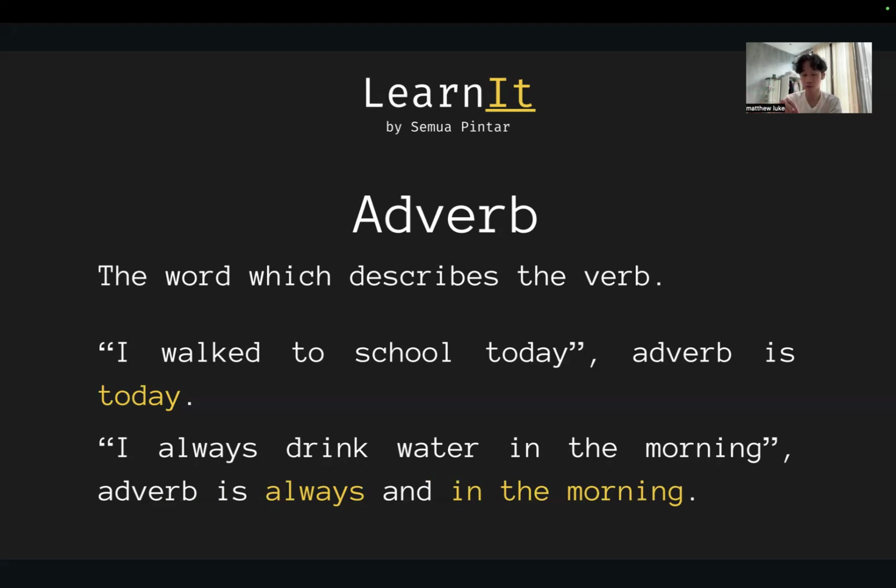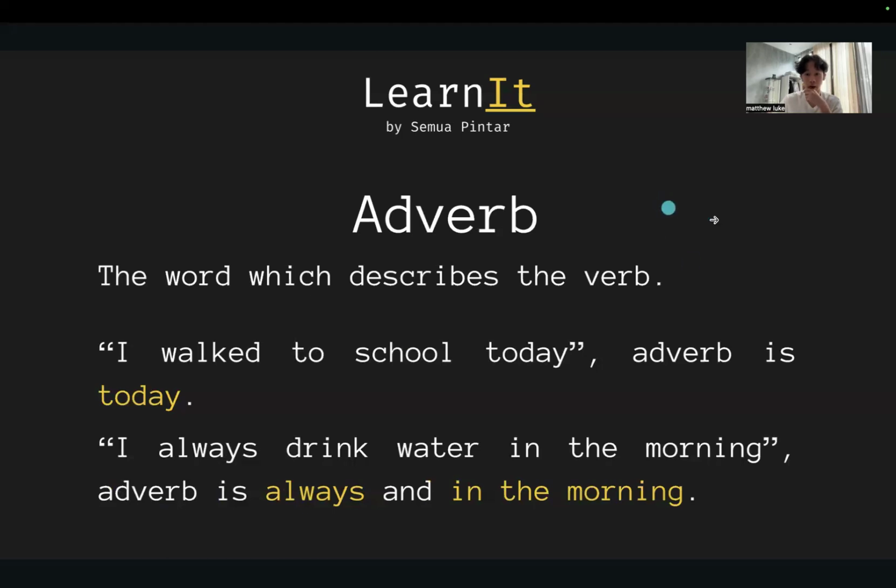But by adding adverbs to describe the action of drinking water, we can add more to the sentence, right? So adding always at the very start allows us to understand that, oh yeah, he drinks water very often, right? Almost always, in fact. And then in the morning allows us to understand that this action happens every single morning. It's describing the action, and that's why it's an adverb.